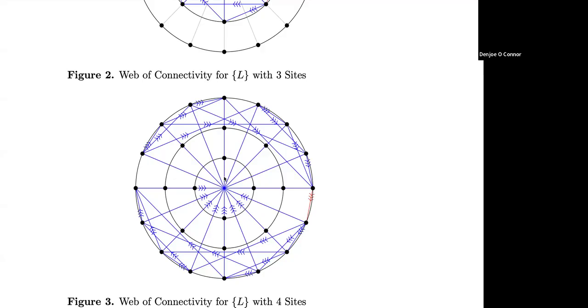But it doesn't have to be a direct connection. It could be that this one is connected to this one through an intermediary. But there has to be some directed way going from vertex i to vertex j. If that is the case, then i and j, those two vertices, belong mathematically to the same equivalence class.